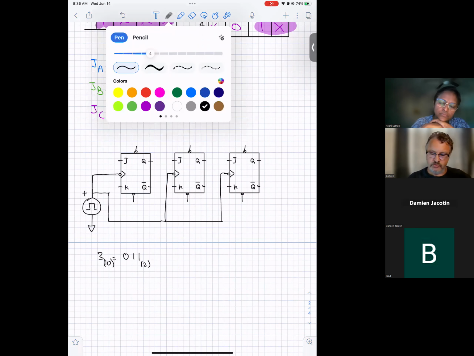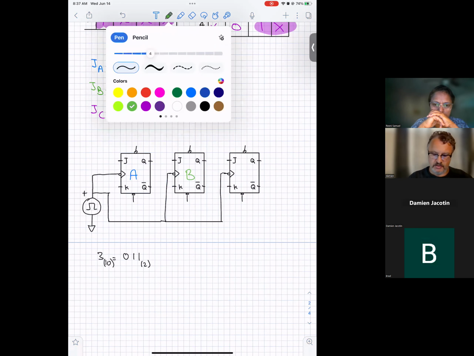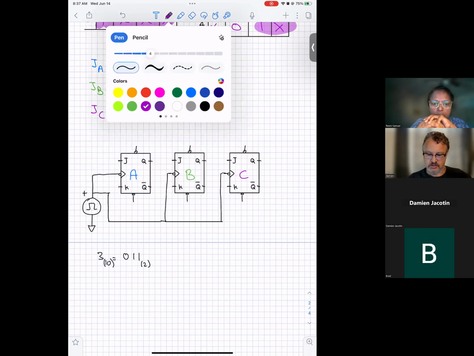And if you recall, we said that this was going to be our most significant bit, this was going to be our middle bit, and this was going to be our least significant bit. That means that I need to force the first flip-flop to be equal to 0 and the other 2 to be equal to 1 to start the count at 3.